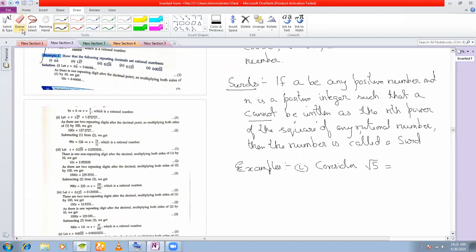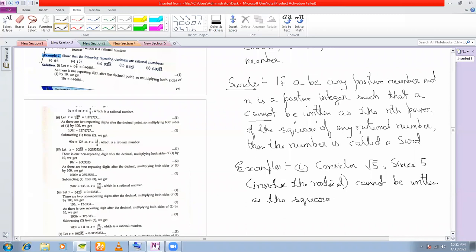So if you consider the square root of 5, root 5 cannot be written. In fact, 5 inside the radical cannot be written as the square of any rational number.